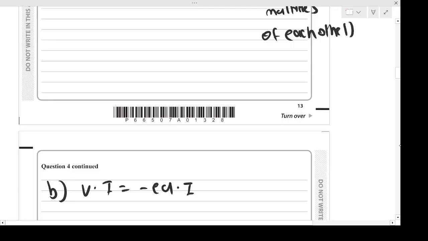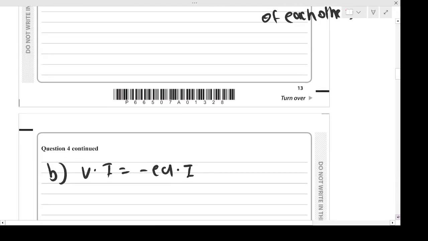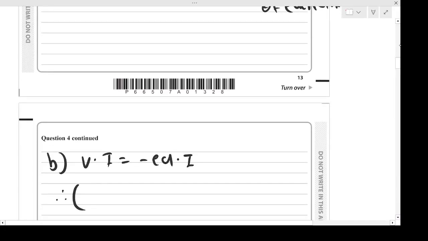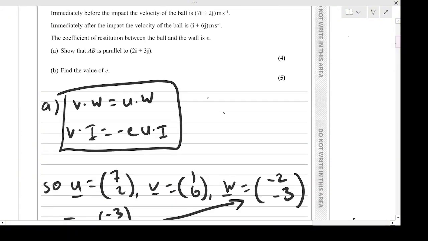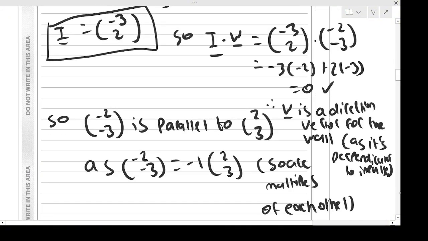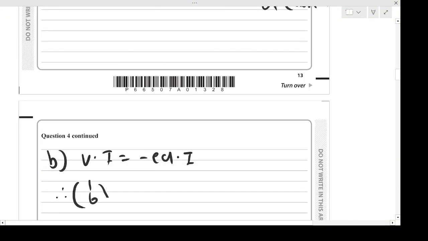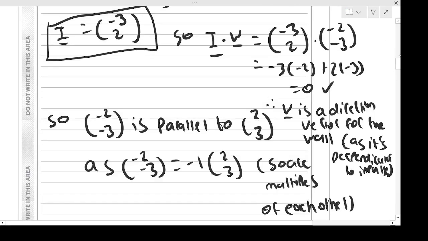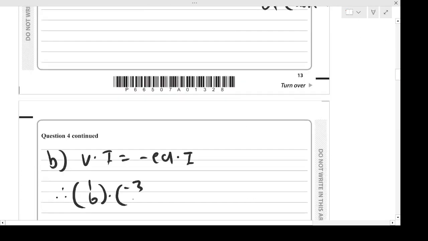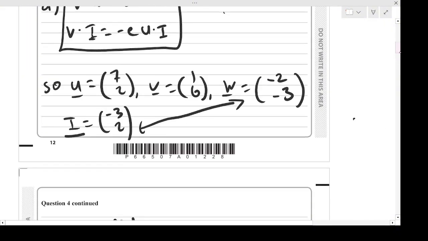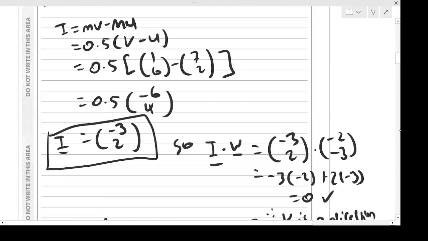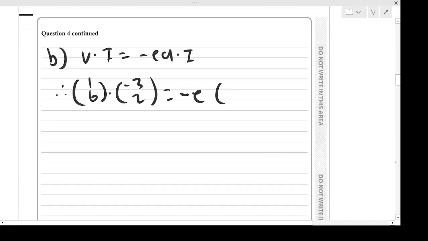So if I substitute V, U and I in, V, remember, is (1, 6), dotted with I, which was (-3, 2), is going to be minus E lots of U, which was (7, 2), dotted with I, which was (-3, 2).